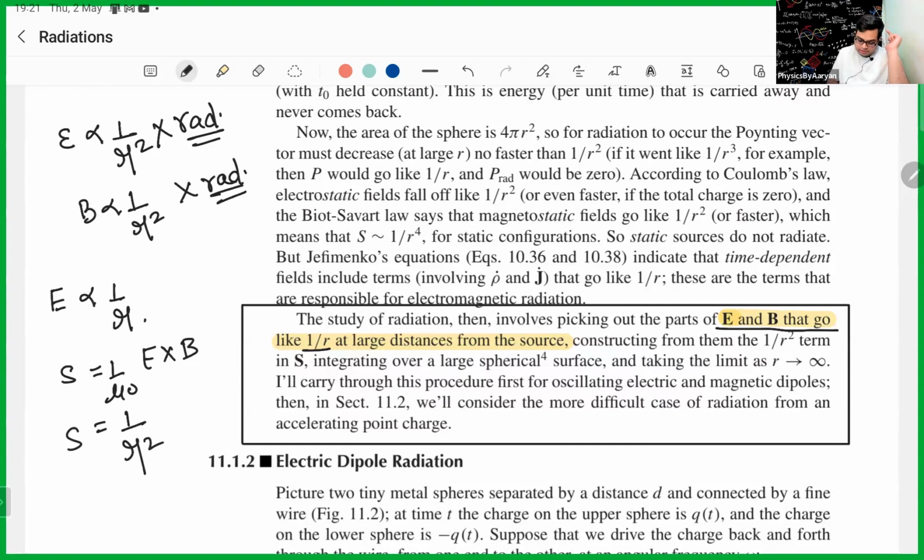Okay. So here you can say 1 by R square term in S.